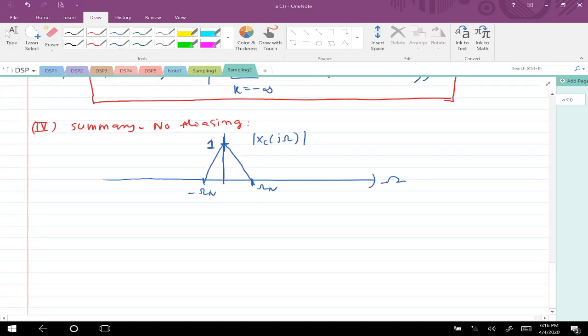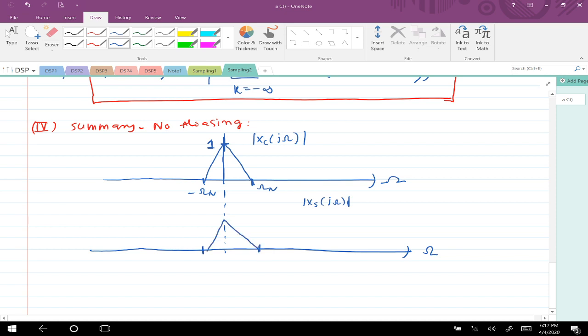What happened, which we have drawn in the last class as well, when we move from here to the magnitude of xs of j omega? Your axis is omega. This would get scaled. It will still be omega n and minus omega n when there is no aliasing. Another copy, and this magnitude will become 1 by t.